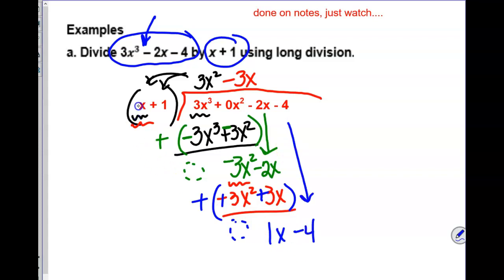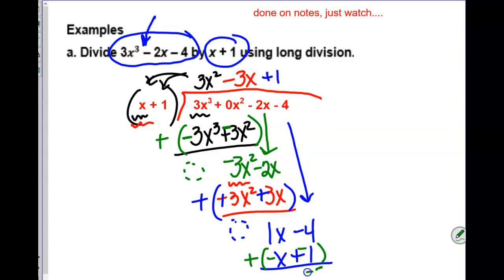Can I multiply something by x plus 1 to get a 1x? Does x divide into 1x? One time, right? You still need the plus 1 back here. And then you multiply it by those, which is an x plus 1. And then you subtract, or add the opposite.